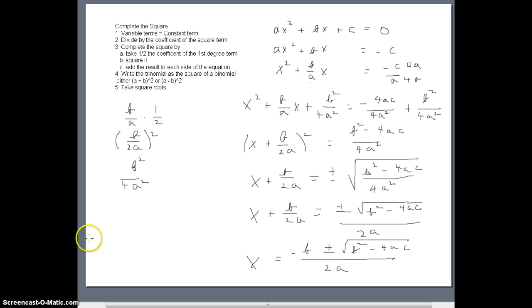This is known as the quadratic formula. The quadratic formula can be used in place of completing the square. Replace the values for a, b, and c into the formula and simplify.